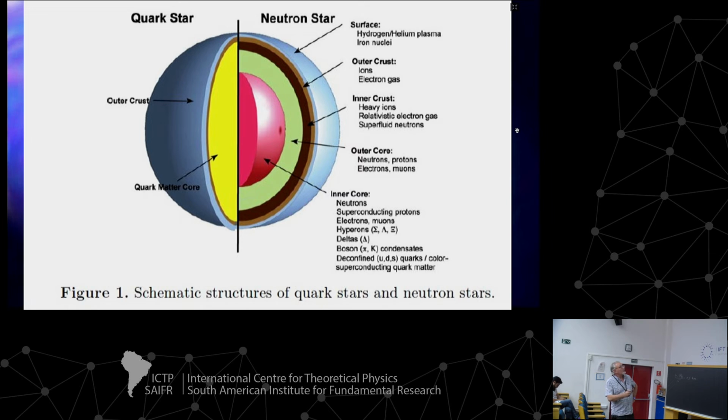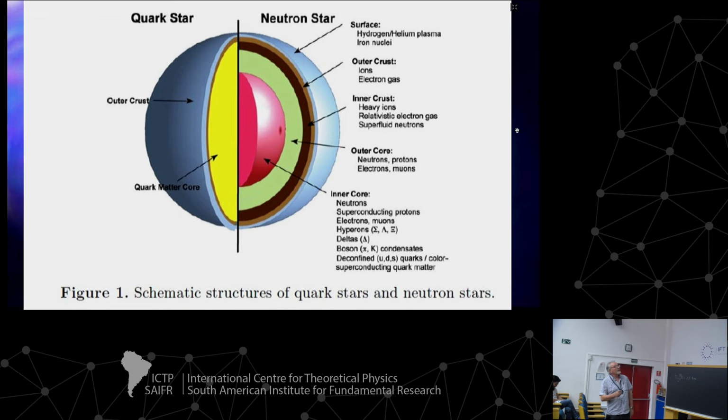And you have this outer crust that is essentially very heavy nuclei with the electrons, so more or less like a white dwarf, but very small. This is maybe half a kilometer of the star. For the neutron star, you have a crust of at least 1 to 1.5 kilometers.